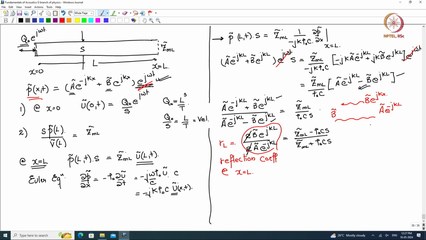Therefore at x equal to L, it is B tilde e to the power j k l. So it has reflected as B tilde e to the power j k l in a sense. So the reflection coefficient at the end is whatever is reflected, the wave reflected at the end by the wave that is incident on the end.